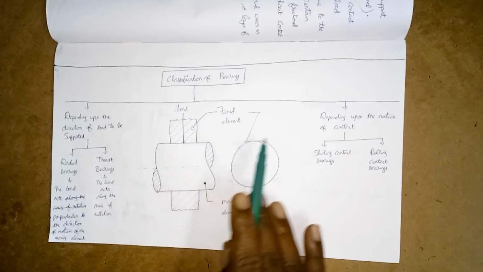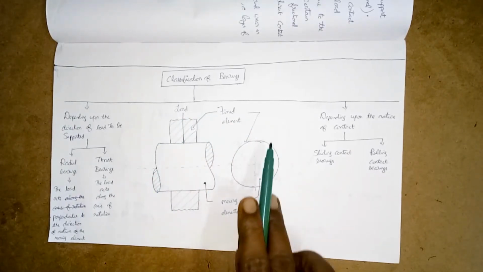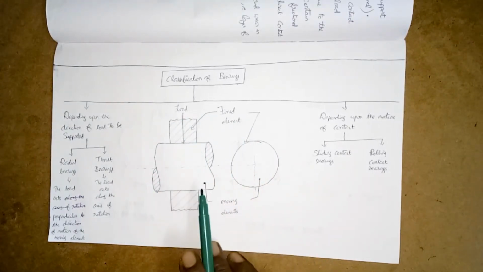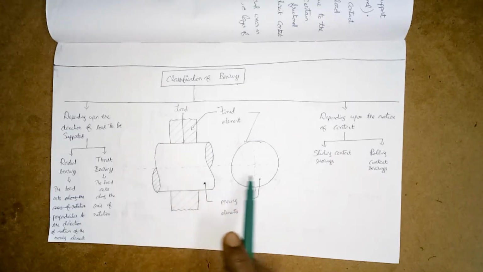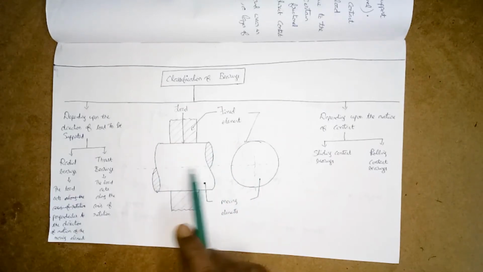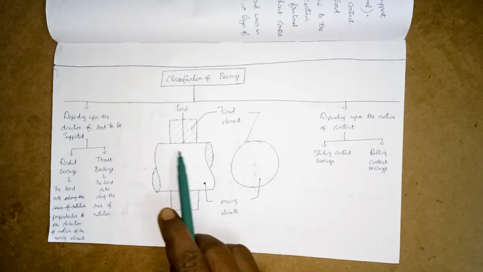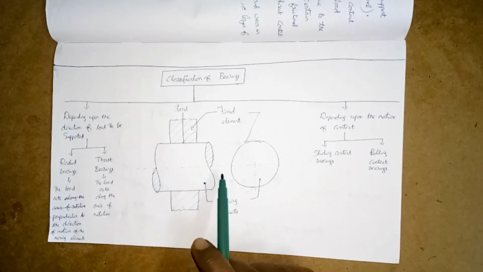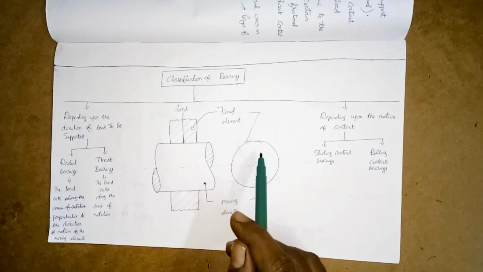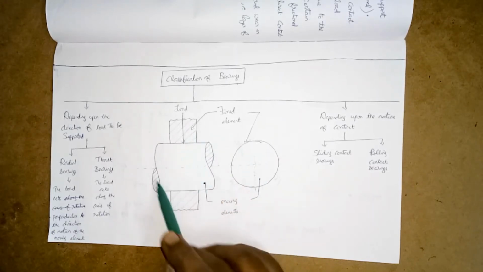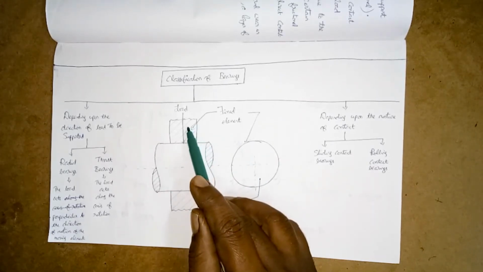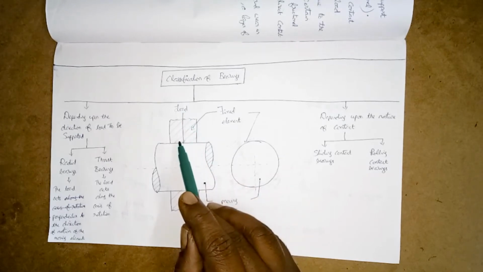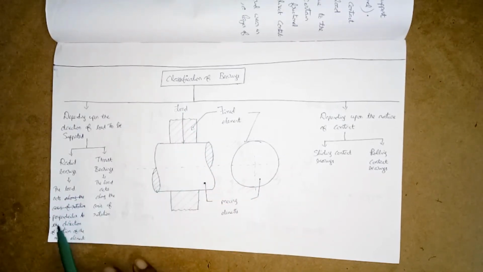You have to draw the diagram. This is the first one, radial bearings. Here you can see the axis of the shaft; these are the two views of the radial bearing. The load acts perpendicular to the direction of motion of the moving element.